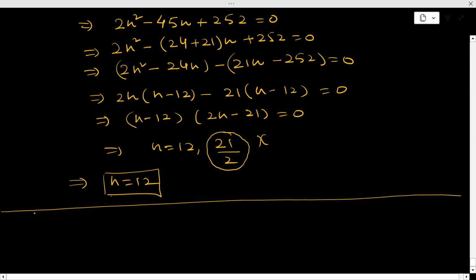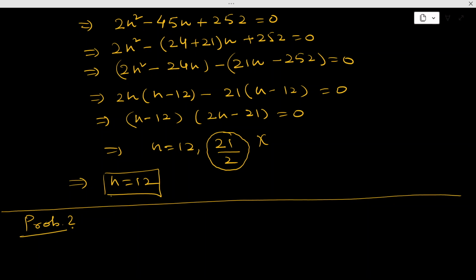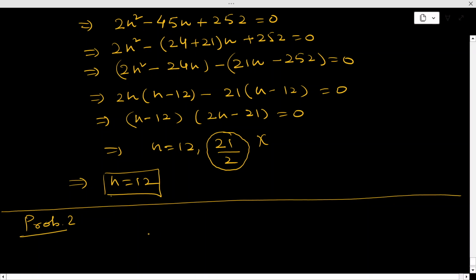So now let us take another problem on this formula related to the sum of n terms of AP. Now take a simpler one.